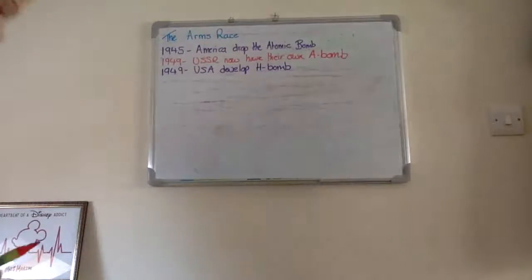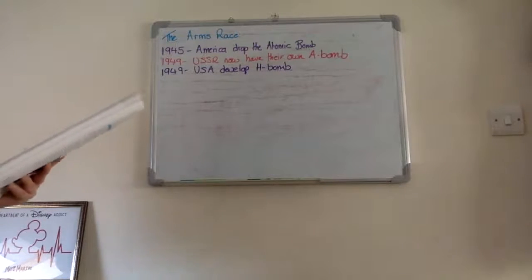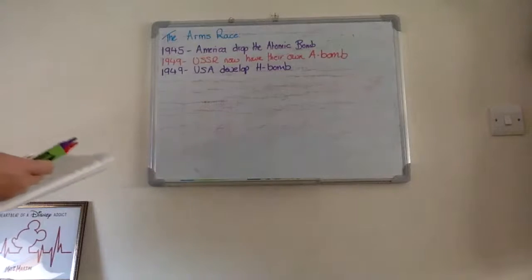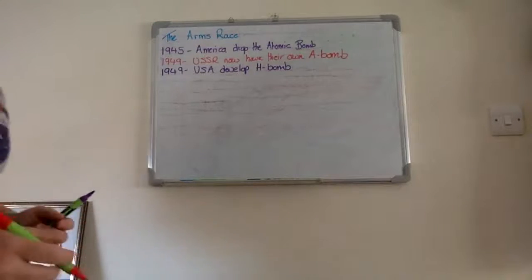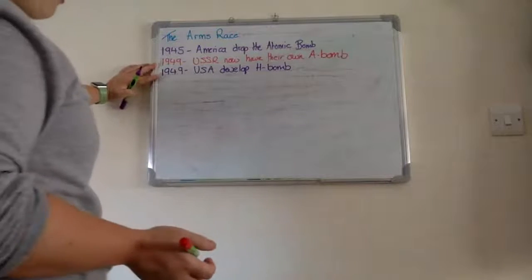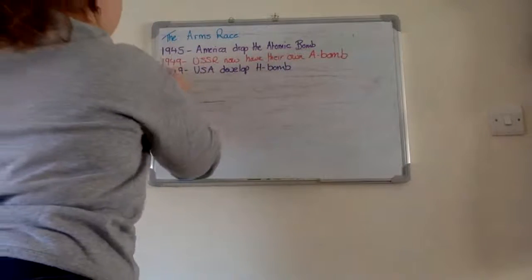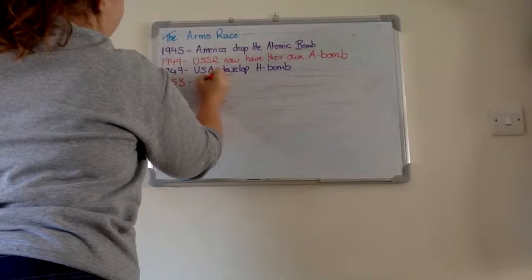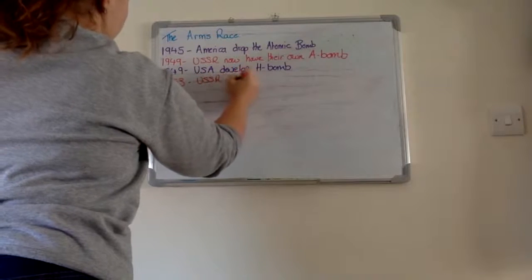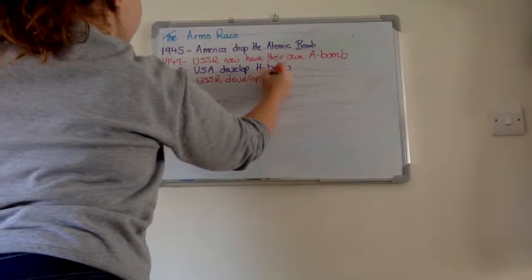And this is quite a scary thing, because it really is several times more powerful than the A-bomb, which then obviously, as you can imagine, now that the Soviet Union are behind again, they need to catch up, and in 1953, they develop their own H-bomb.